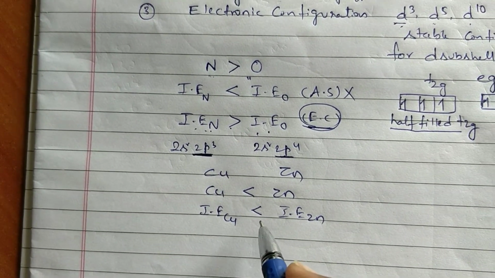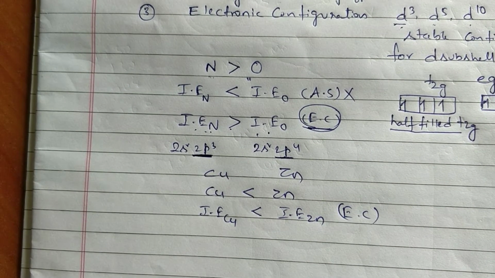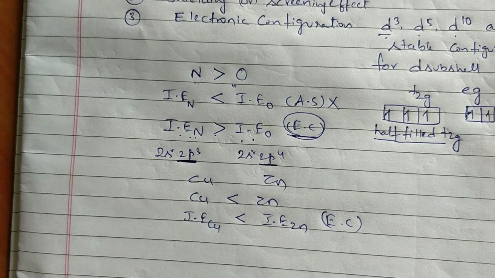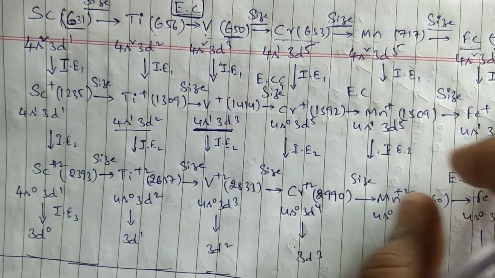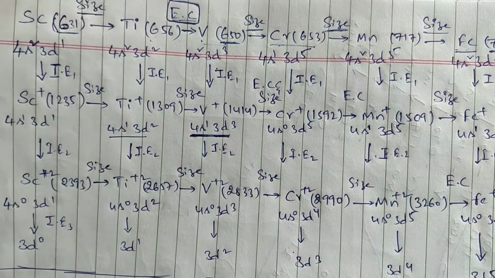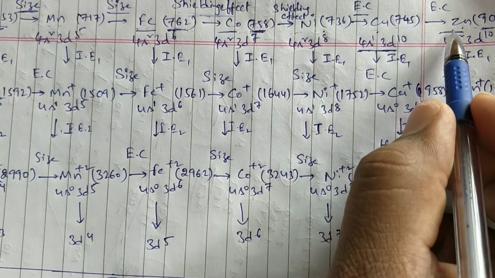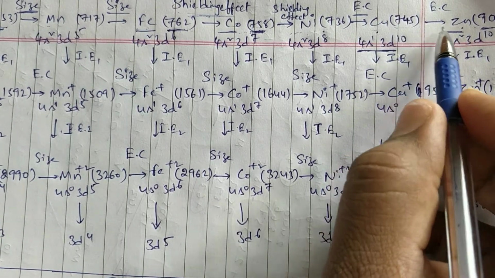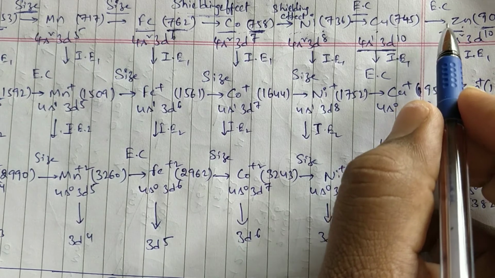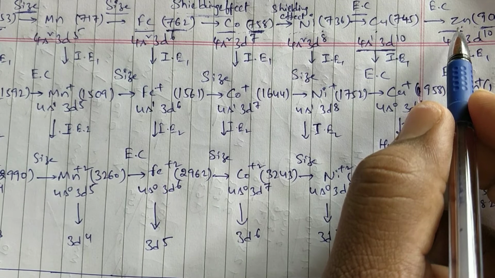This is explained depending on electronic configuration. I think now you are getting the point. After completion of the class, I will take a picture of this total analysis. If you depend on atomic size, we cannot explain this because zinc is bigger than copper, so zinc should have less ionization energy than copper.